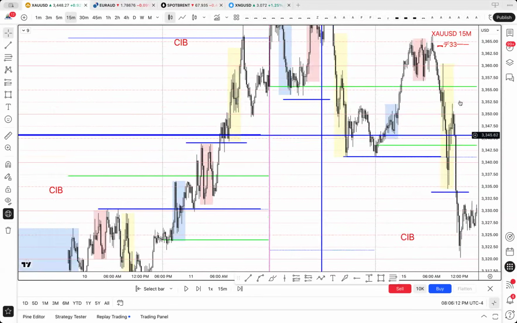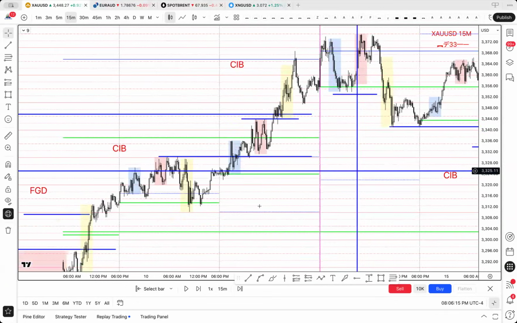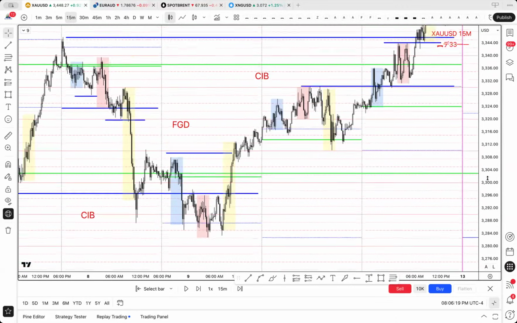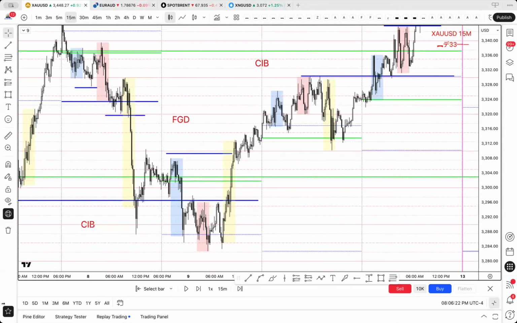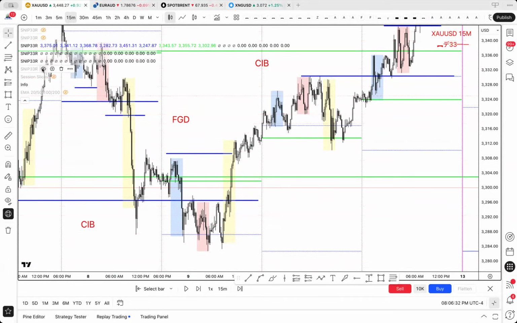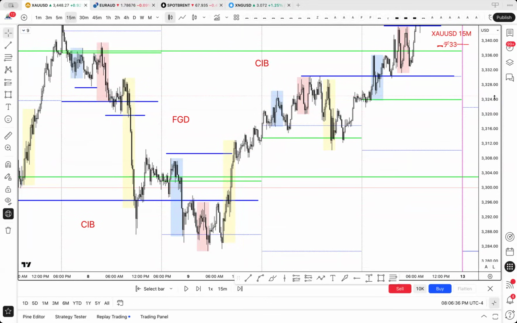This is where the big banks, the big boys, trade off of zeros and 50s. Now you have a 100 pip box, so every 0 to 0 is 100 pips. And you have a 1,000 pip box, which would be considered your $100 box.